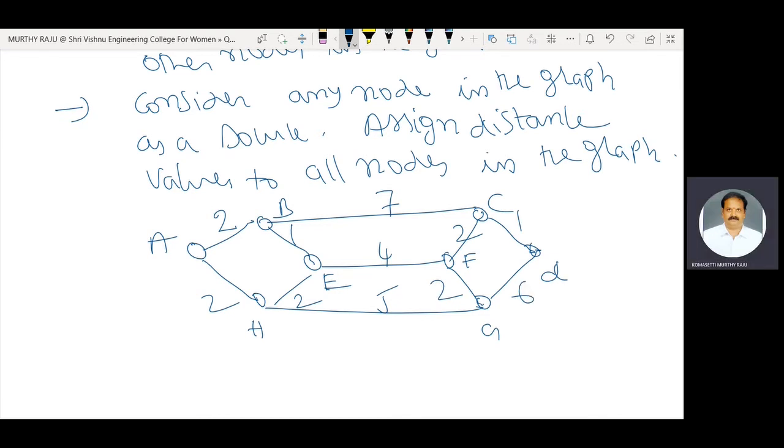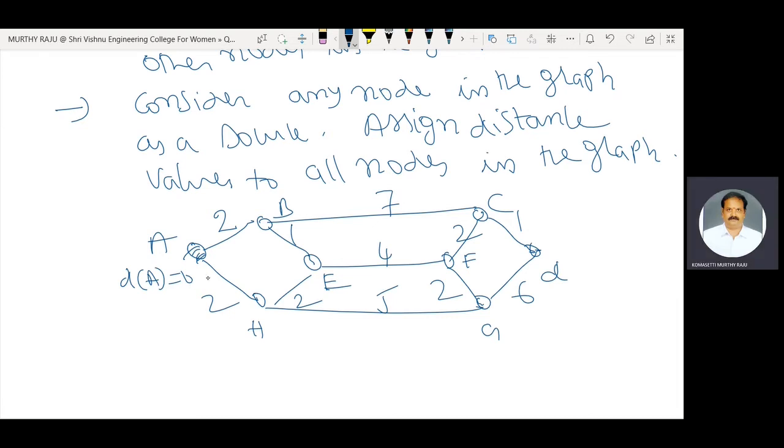Consider any node in the graph as a source. I take A node as the source node. The assigned distance of that A node, d of A, is 0 initially. The distance from the source node to itself, that means A to A, is 0. That is the reason d of A is 0. The source node can be any node that we have chosen.